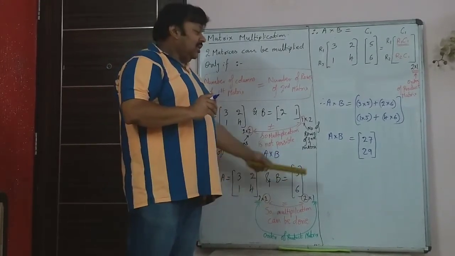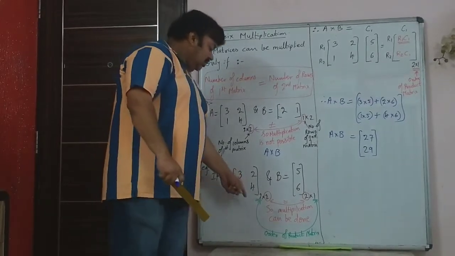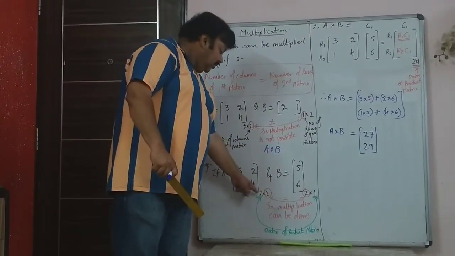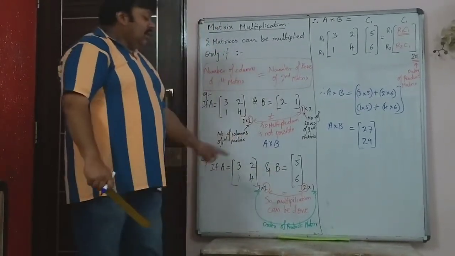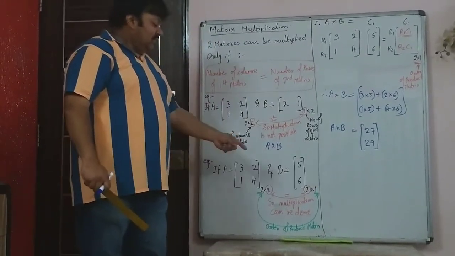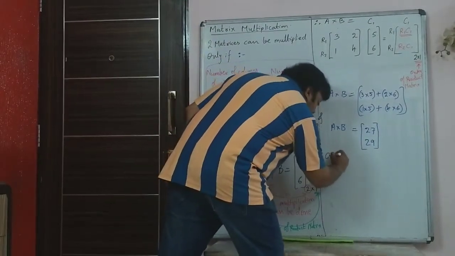So one more thing I will write here: the order of the product matrix is the number of rows of the first matrix into the number of columns of the second matrix.